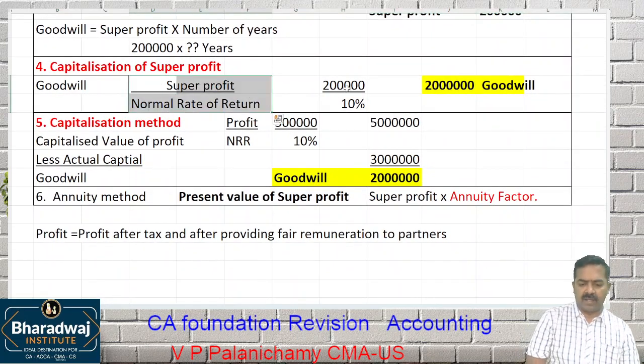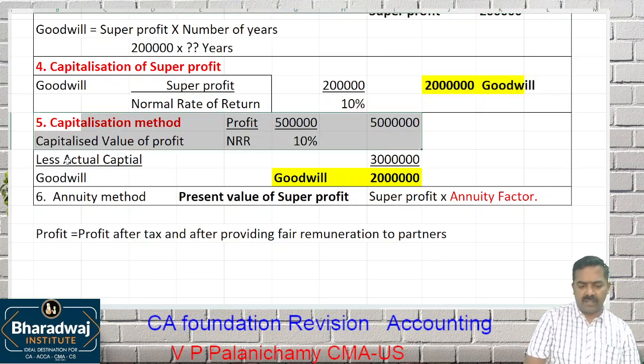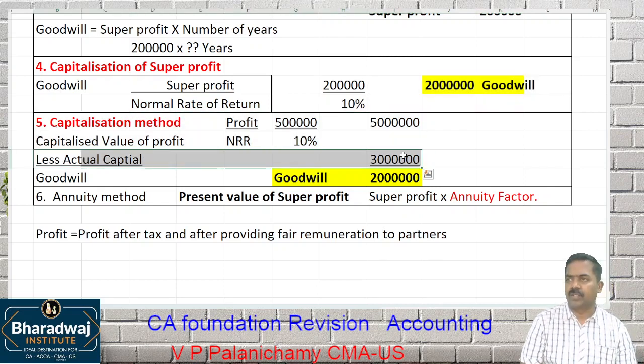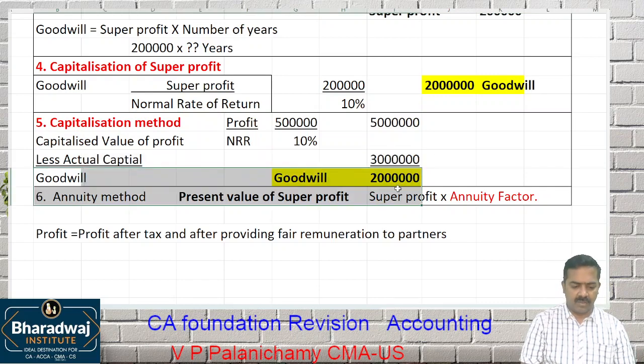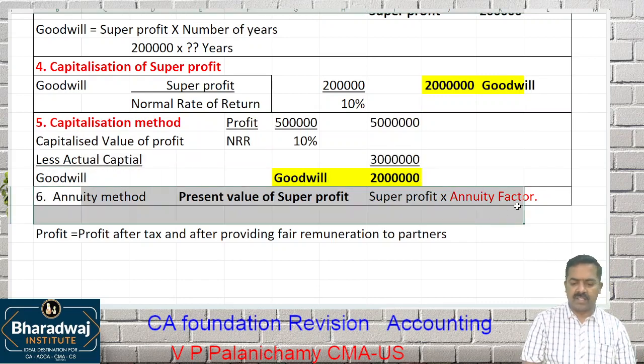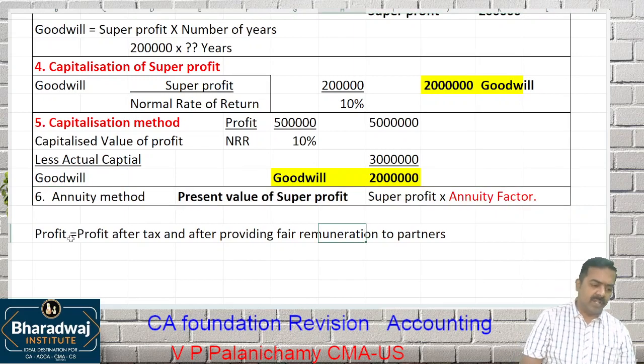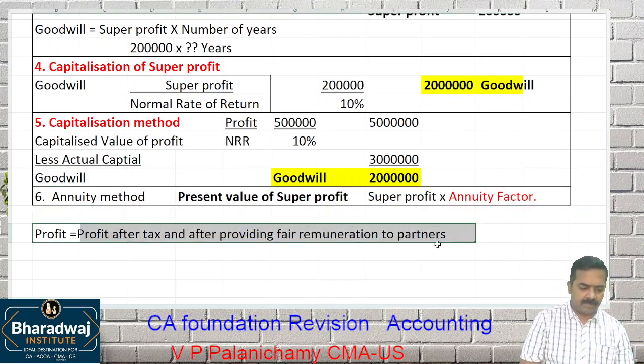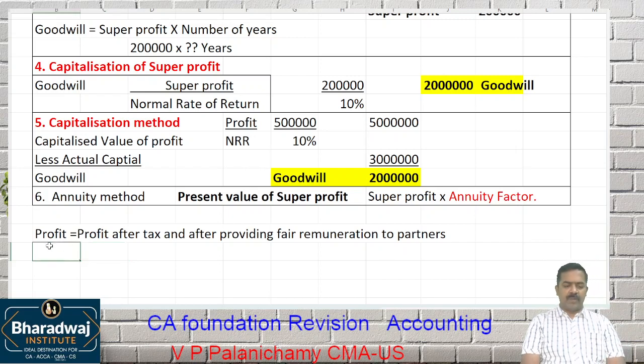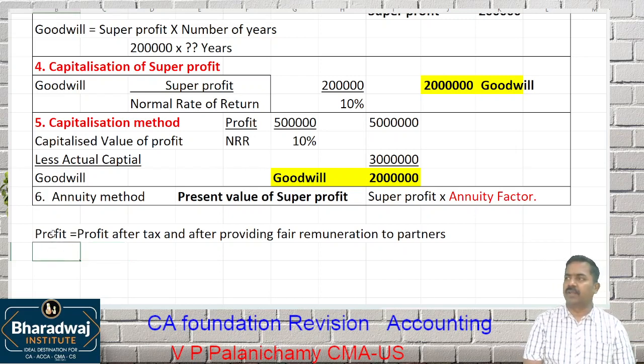Super profit by NRR will give you which one? Goodwill. Or profit capitalization minus actual capital will give us which one? Goodwill. Annuity method is nothing but the present value of goodwill. Super profit into which factor? Annuity factor. So profit means profit after tax after providing which one? Fair remuneration to partners.